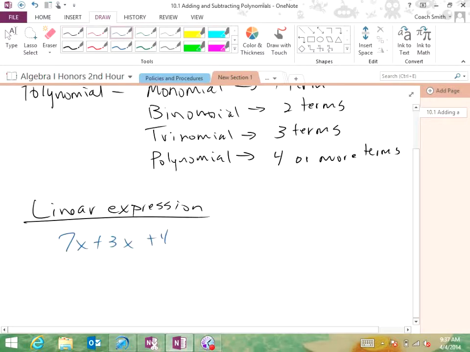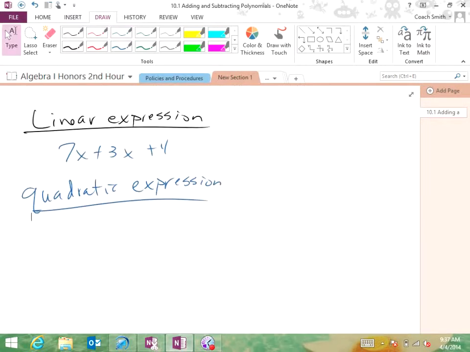That would be a linear expression, okay? What we've been talking about a lot lately is quadratic expressions. We just came out of the quadratic formula.